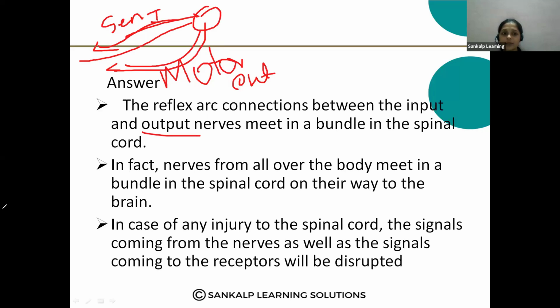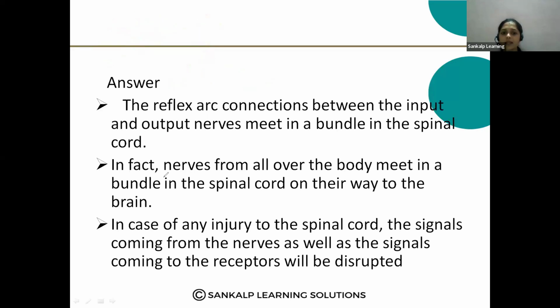In fact, the nerves from all over the body meet in a bundle in the spinal cord on their way to the brain. So all the nerves, not only motor and sensory neurons, meet the spinal cord on their way to the brain. All the nerves are connected to the brain to send the message and to receive the response, but through the spinal cord.